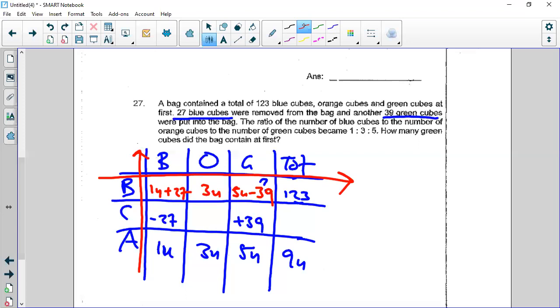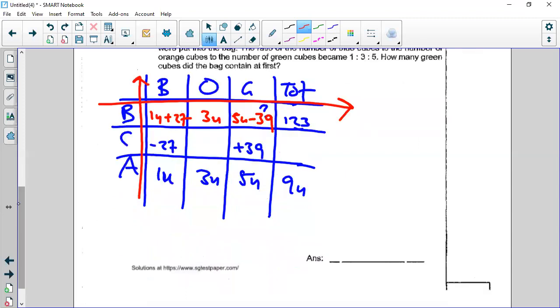No need to think so hard. Now this part, there's something over here that can be a little difficult. After you write all this, blue plus orange plus green equals 123.